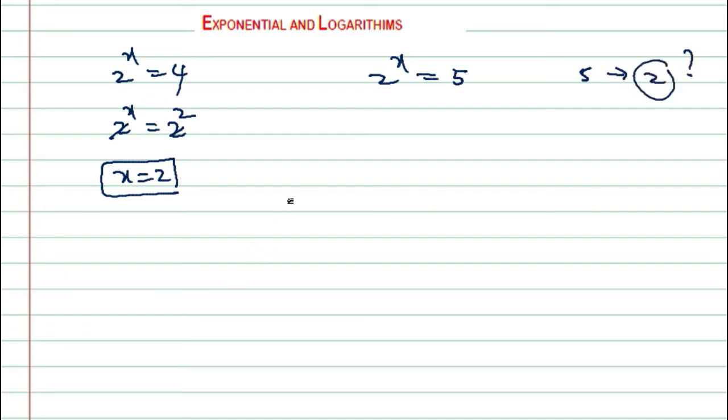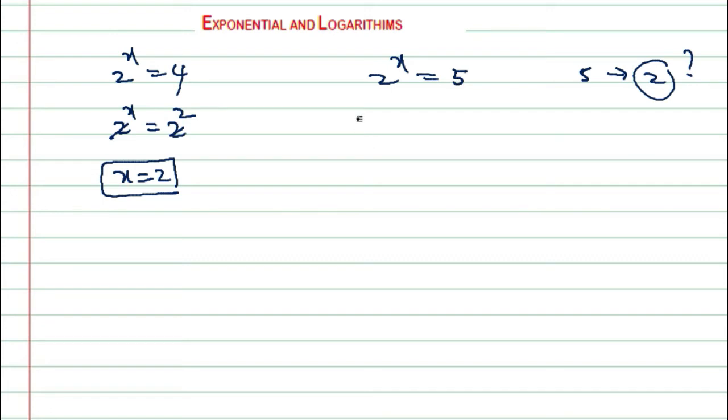So now what will we do? In these situations we need to establish a new relationship between x and y. What is the new relationship? A new relationship, logarithm, is introduced. Clearly we can write here base is 2, power is x and the answer is y.